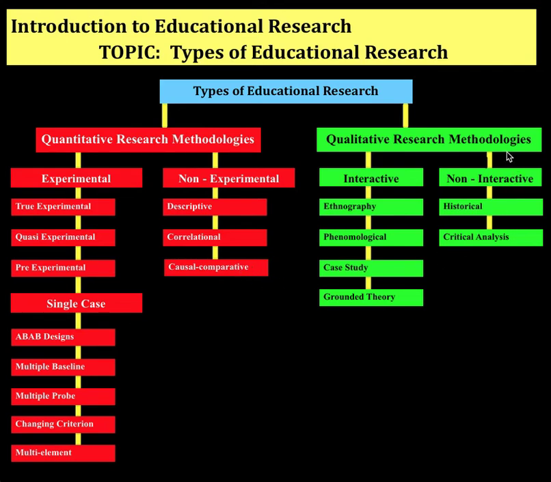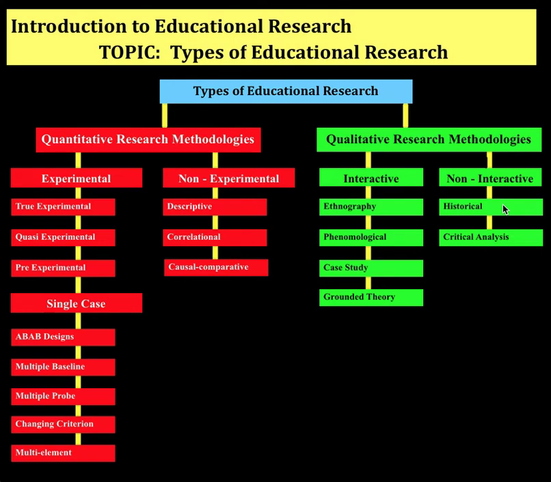And okay, now on this side, we have all of the qualitative research methodologies. They are in two categories, interactive and non-interactive. The non-interactive is historical research, and historical research is just that. It's research that's done on past events.